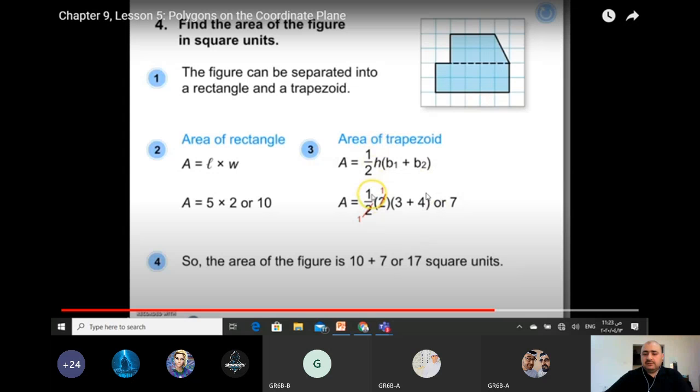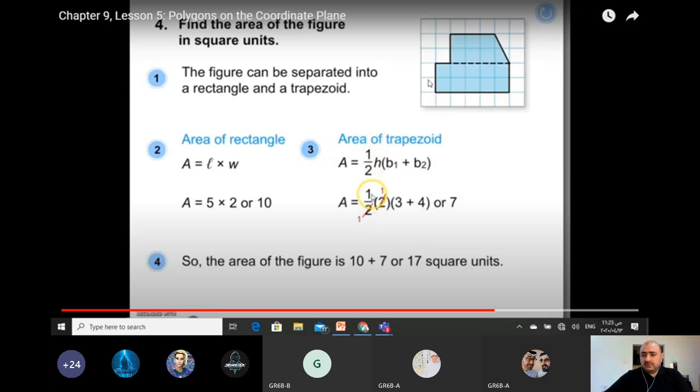So write here 4. Then you can solve: 3 plus 4 will be 7. 7 multiplied by 2 will be 14. 14 multiplied by 1 is 14. 14 divided by 2 will be 7. So the area of the trapezoid will be 7.